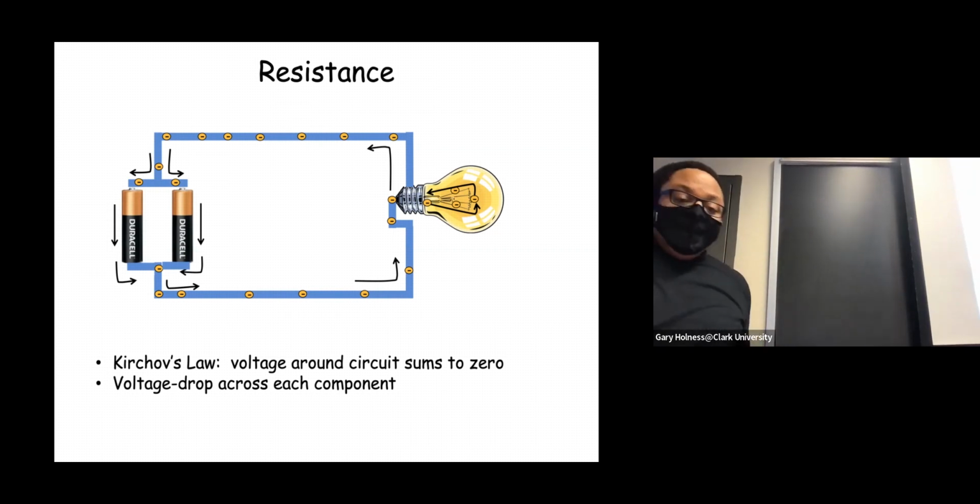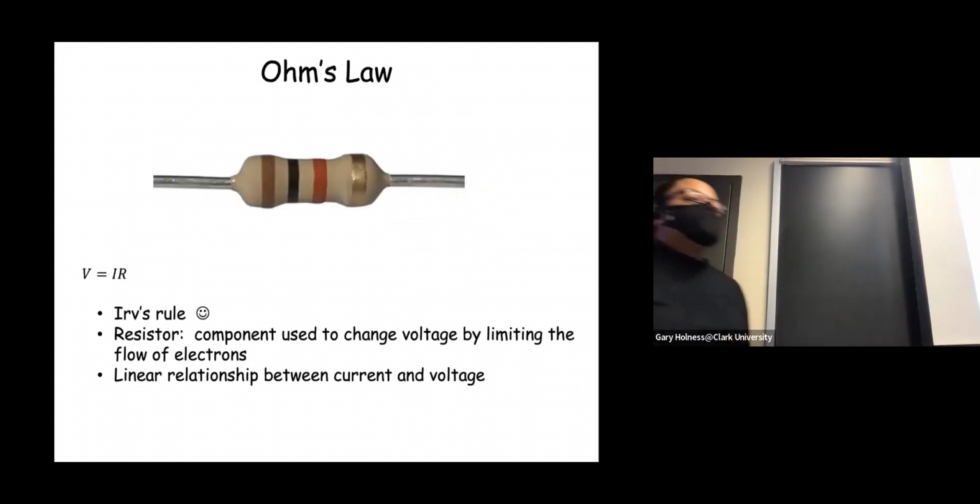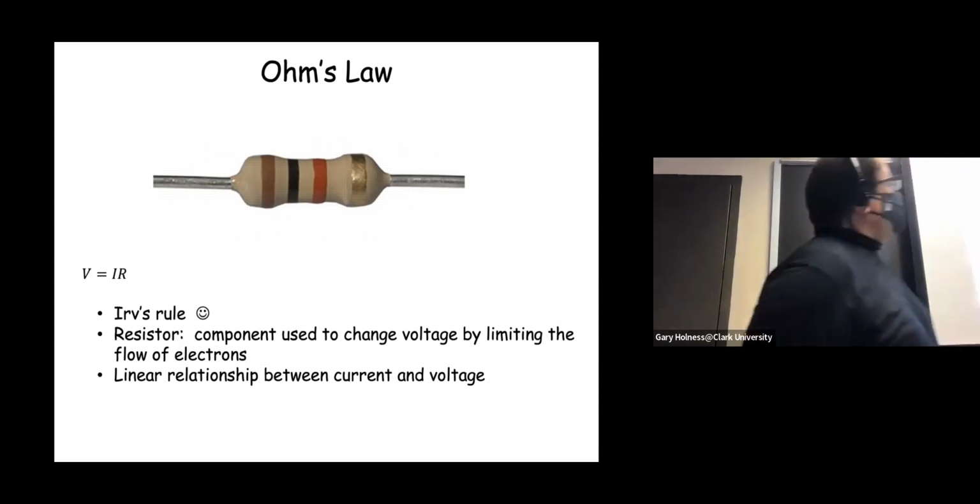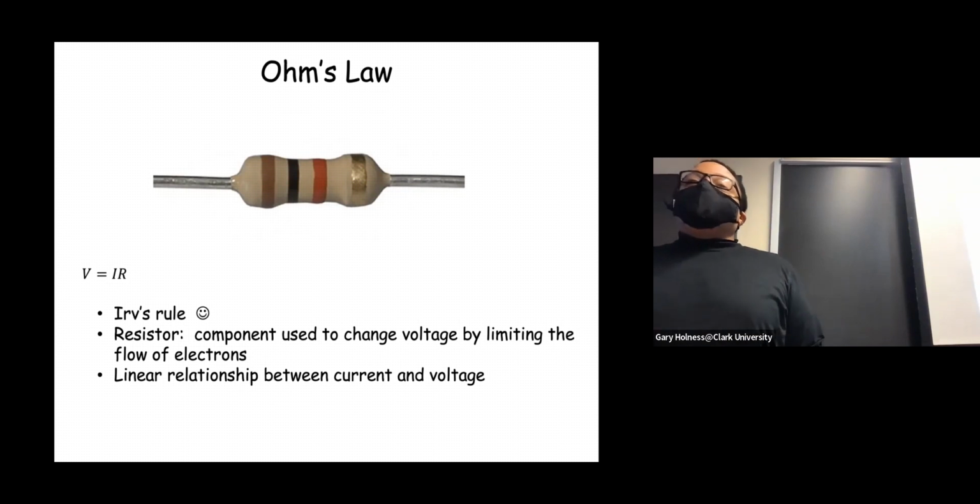No? All right. And so this is a component called a resistor. And a resistor is governed by Ohm's law. When I was an EE student, we called it Irv's rule because if you rearrange it, it's IR equals V. That's how we remembered it. What it says is there's a linear relationship between the voltage across the resistor, the voltage drop, the reduction in electromotive force, and the current going through it.